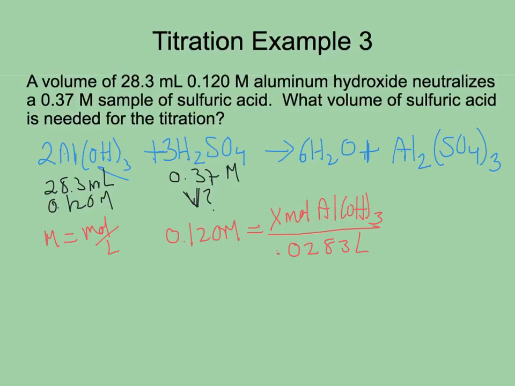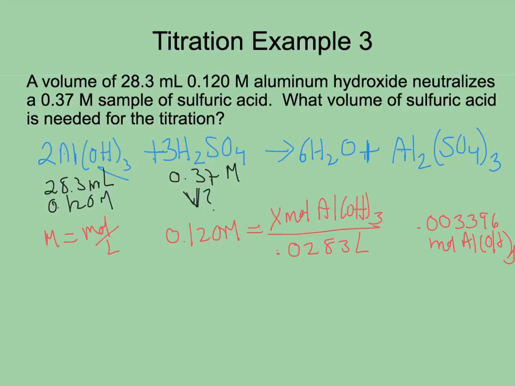So that gives me 0.003396 moles of Al(OH)3. You can round it at this point. I like to round at the very end with my sig figs.